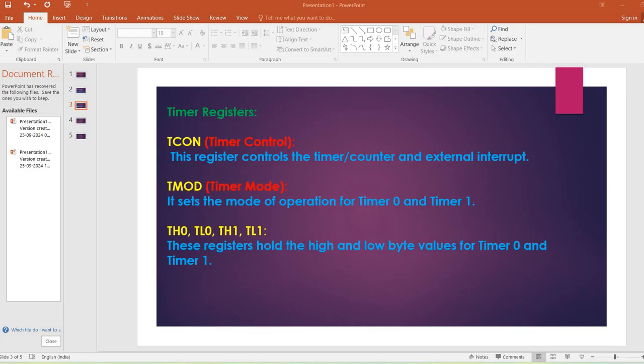Registers TH0 and TL0 are for Timer 0, and TH1 and TL1 are the Timer 1 registers. TH is the high byte and TL is the low byte.